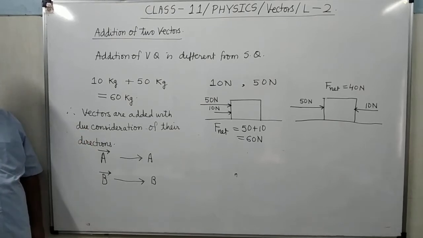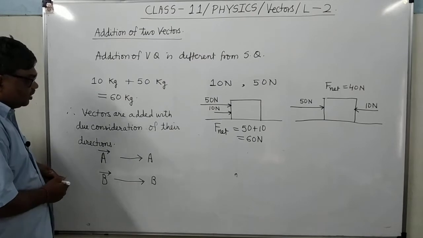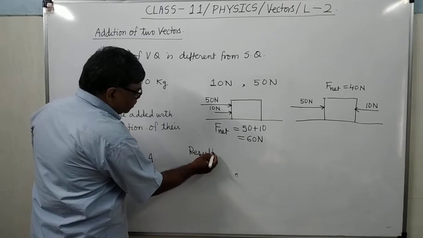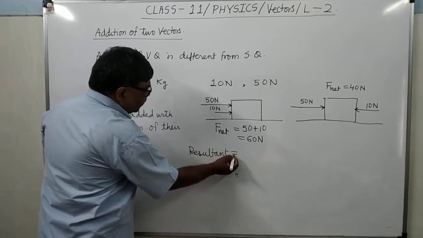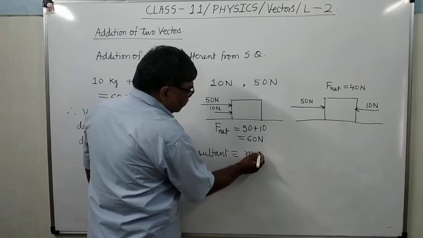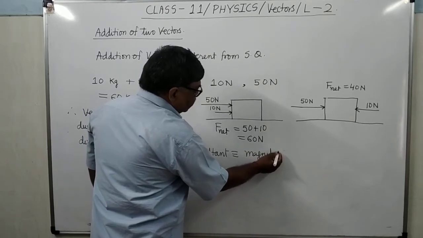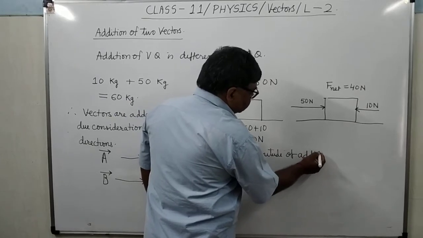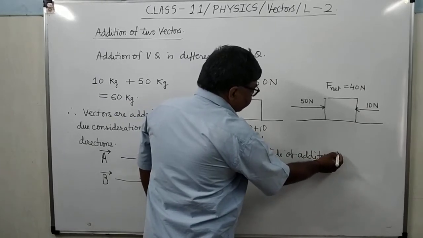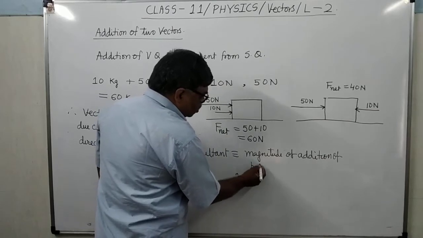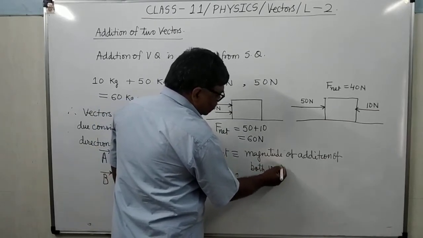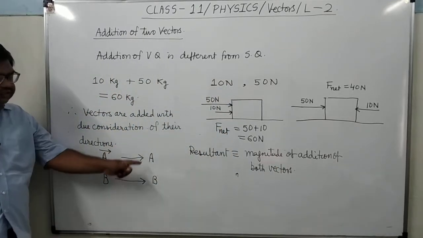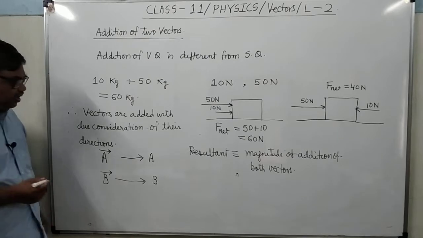Resultant means the vector addition, the magnitude of the addition of both the vectors. So what is the maximum resultant which they can produce? It will be A plus B.